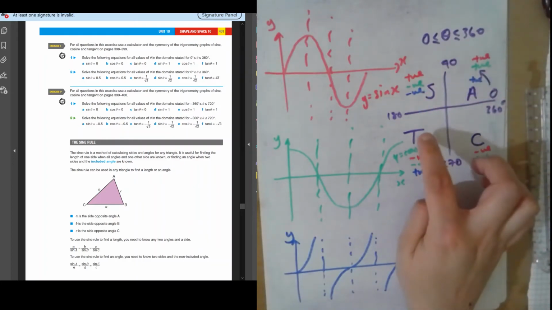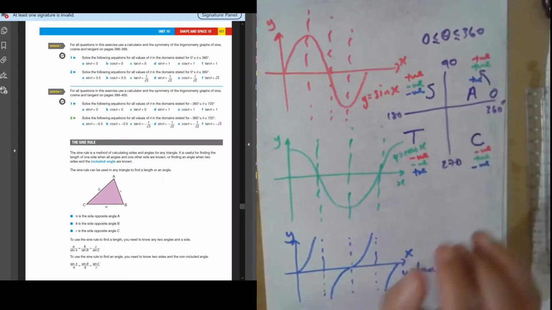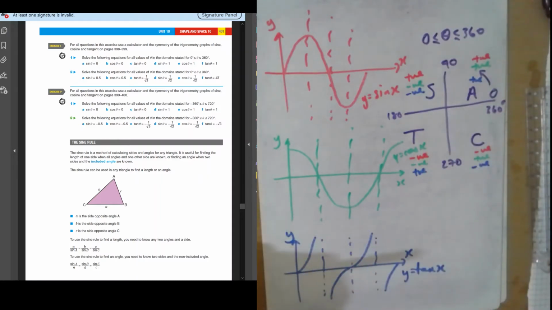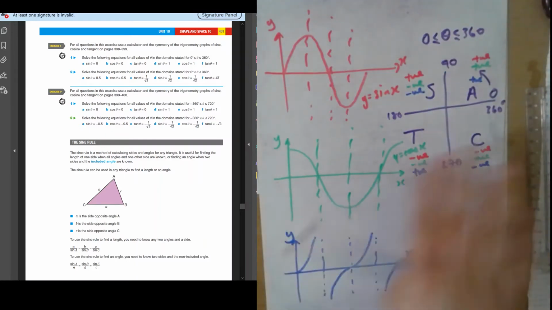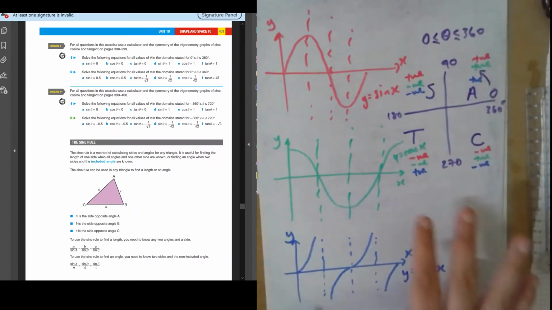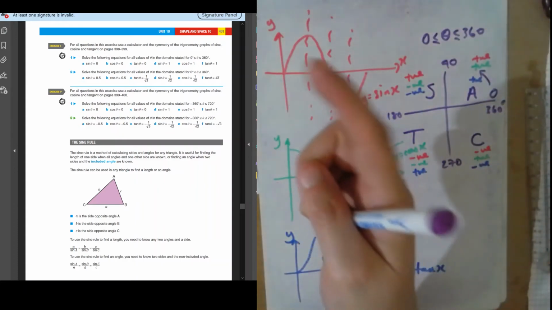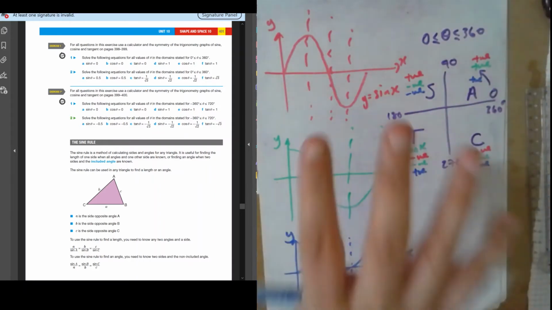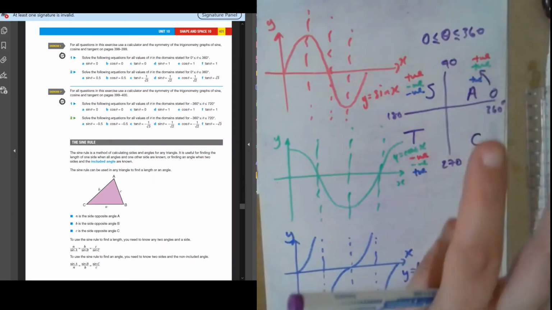And down here, only tangent is positive and the other two are negative. That is the reason why it's called a cast diagram. I just thought I would show you these graphs to help you understand where this comes from. But now we're going to move on to checking out some of those questions and how you would do it using a cast diagram.